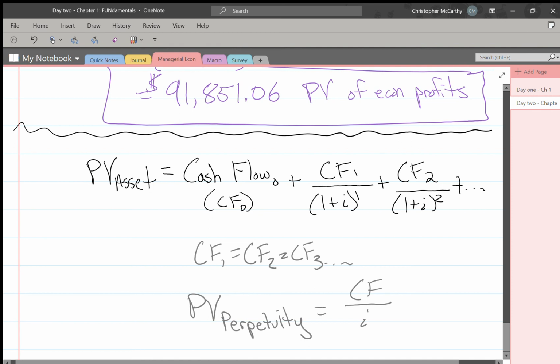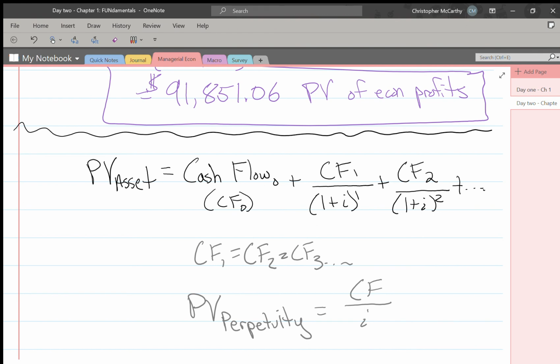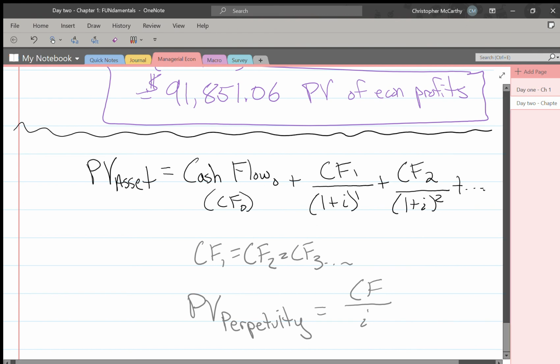The magic of geometric... wow, what do they call it? Geometric distribution? Oh man, I'm blanking on the word. Series, the magic of geometric series. The reason we can actually sum it all up is because at a certain point, 1 plus I to the 100,000 power, let's go ridiculous for a second, with 1.07, let's just do it real quick.